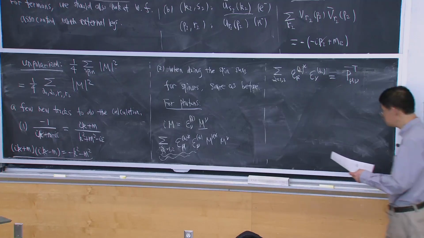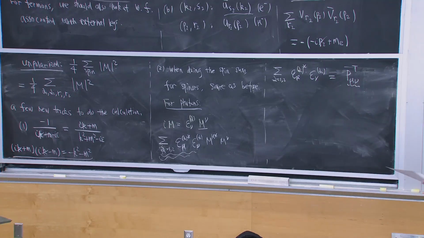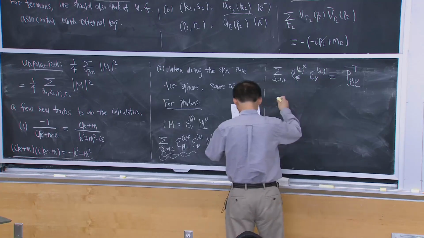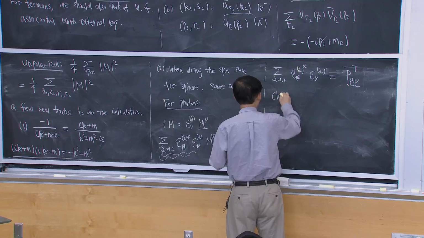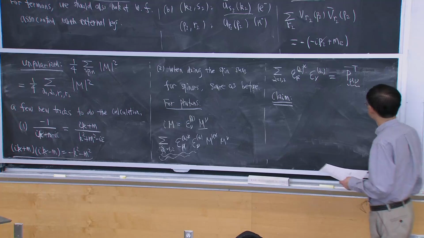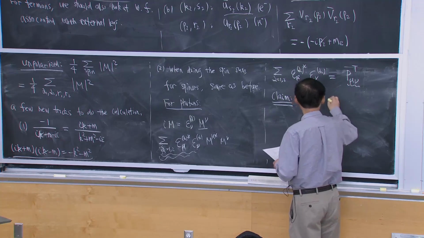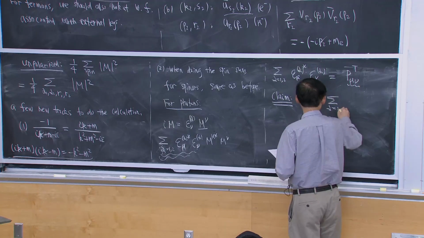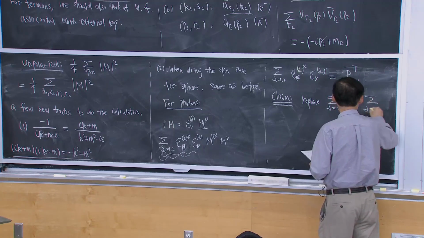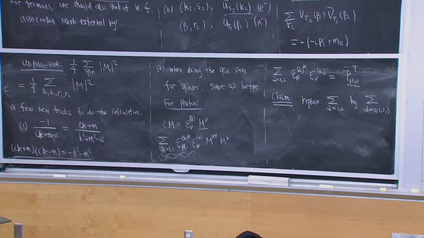But the transverse projector is a little bit awkward to work with, okay? But the claim is that actually I can replace the sum over alpha equal to 1, 2 by a sum over alpha for all polarizations. Okay?